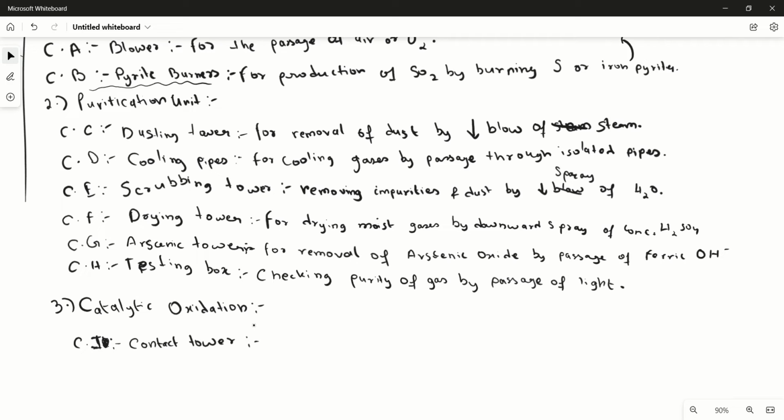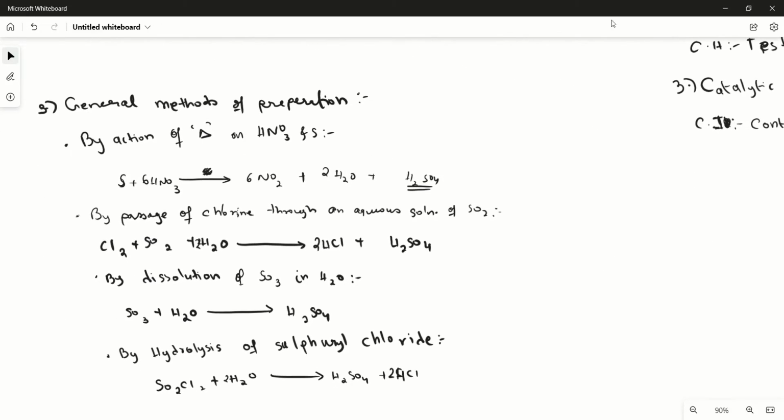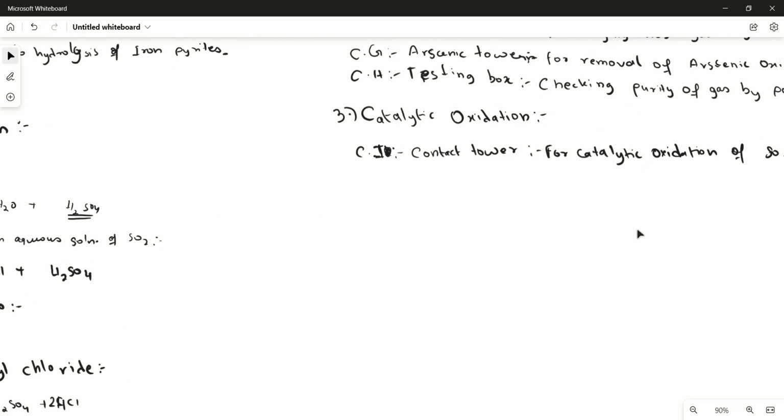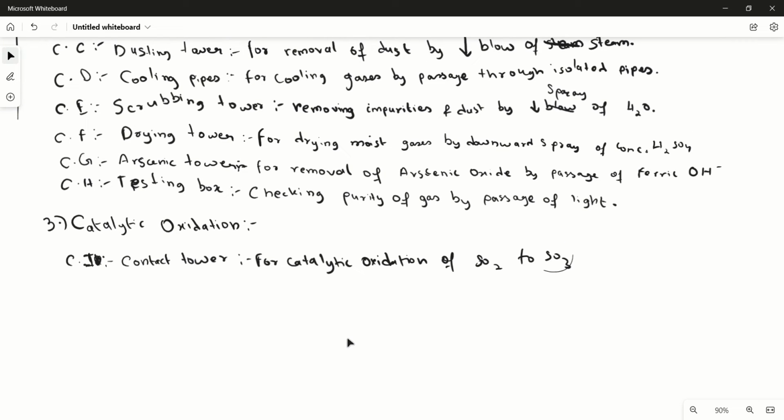Okay, great. So we have the contact tower. For catalytic oxidation of SO2 to SO3. Why do we need to make it SO3? Because look at how easy the reaction is: SO3, if you just add H2O, becomes H2SO4. So that is what we do.